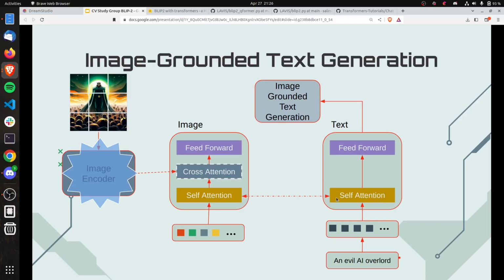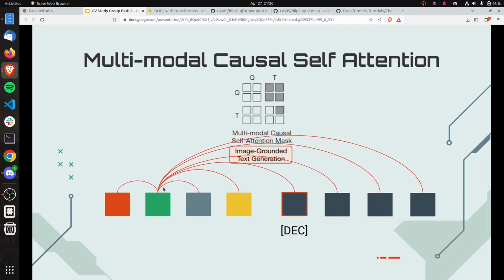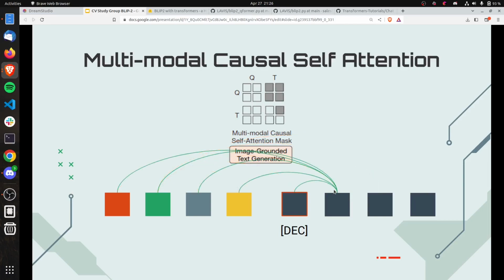So they are again using a mask, and this mask is called the multimodal causal self-attention mask, where they allow the query tokens to see everything, right? The query tokens can interact with any of the other tokens, but the text tokens are only allowed to see the query tokens and the text tokens that were before them, right?